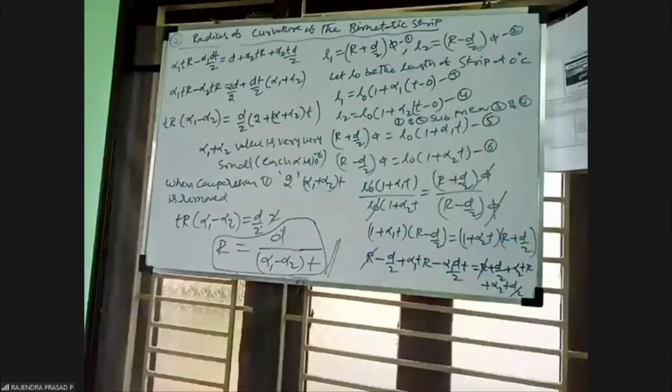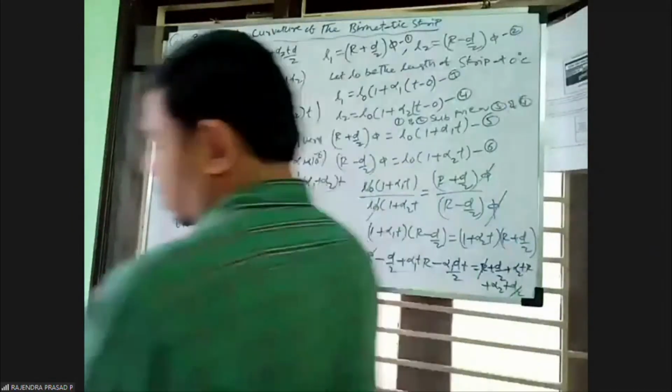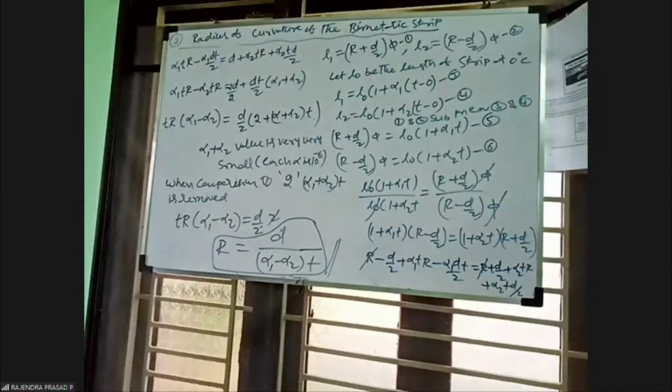T is the temperature. So this is the radius of curvature of a bimetallic strip.